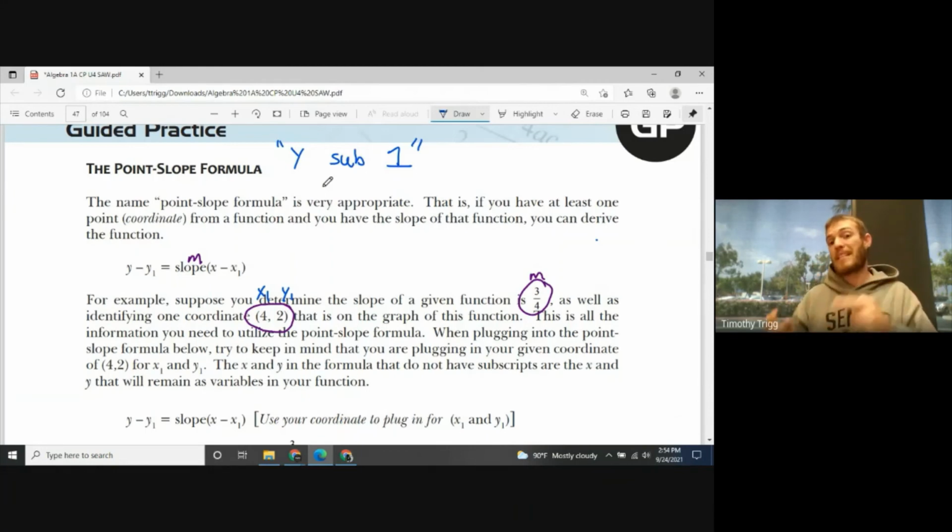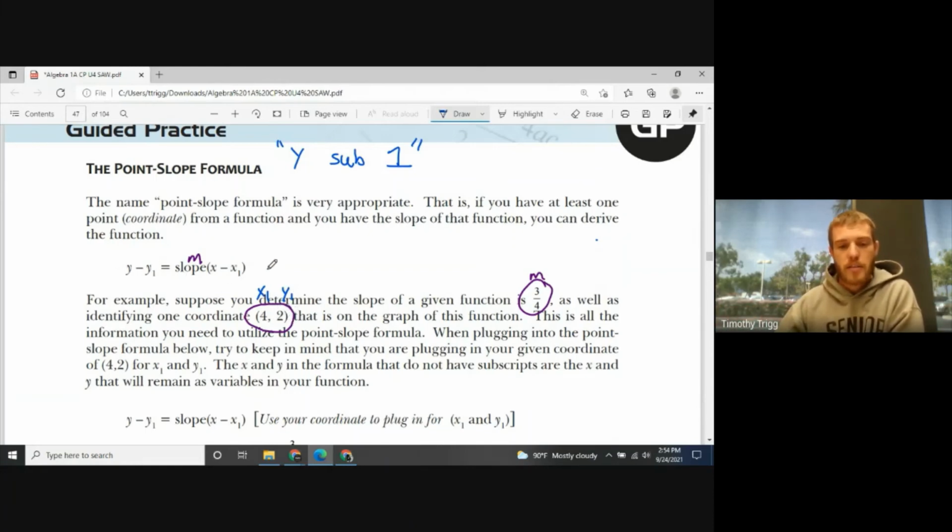They both represent time, but to distinguish that they're two different times, you give them subscripts. So don't freak out about that, but it'll become more and more common the further you go in math. If this is the first time you're seeing this, that's okay. Your x sub 1 is just our x coordinate, and the y sub 1 is the y coordinate for the point that we're given here.